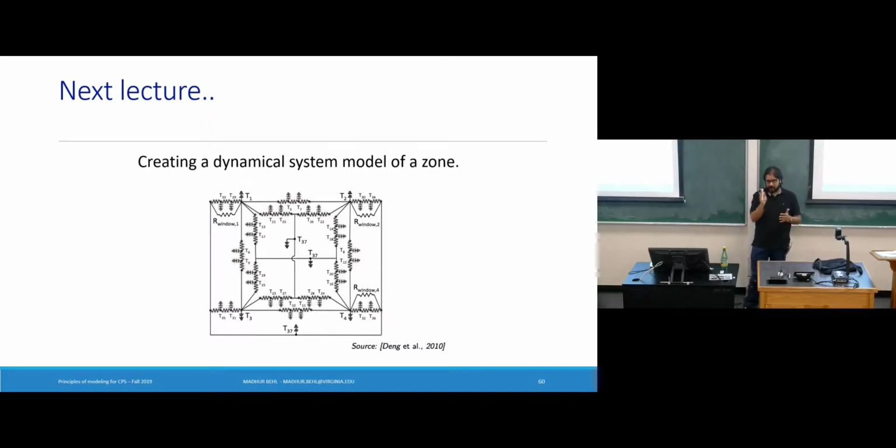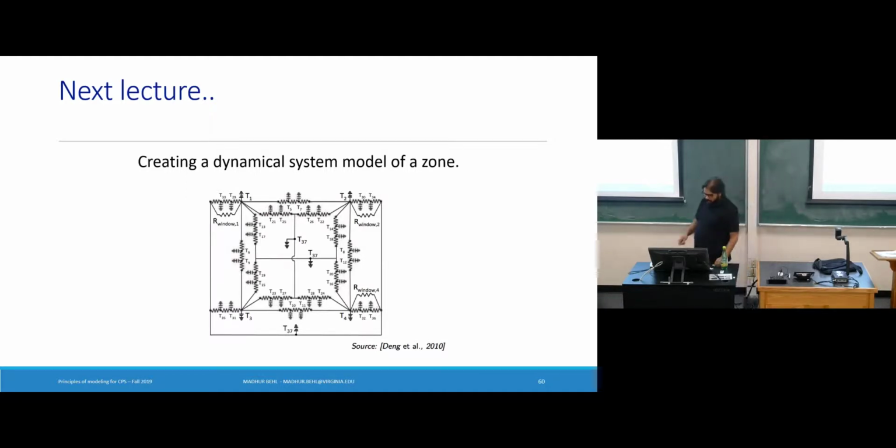And so we look at the differential equations that describe this dynamics and put together a state space model to describe the temperature dynamics of the zone. And we are doing this painful exercise for just one purpose, so that you get into the habit of knowing how to model a dynamical system with physics-based first principles.